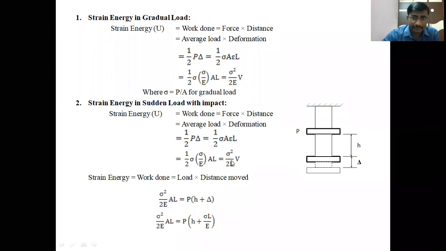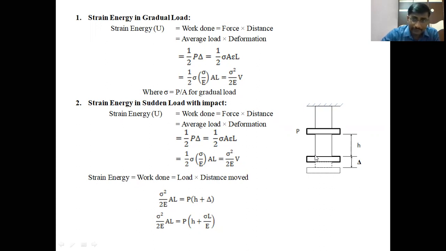Strain energy is equal to sigma square by 2E into V. But stress is more in this case. What is the stress value here? Strain energy is equal to work done, that is equal to load into distance moved. This can be equated to work done. Strain energy formula is sigma square by 2E into V.